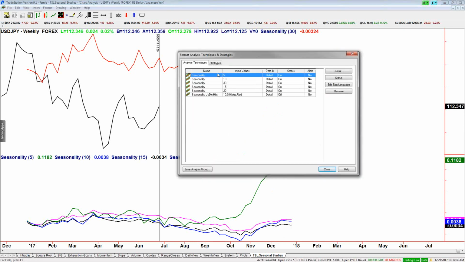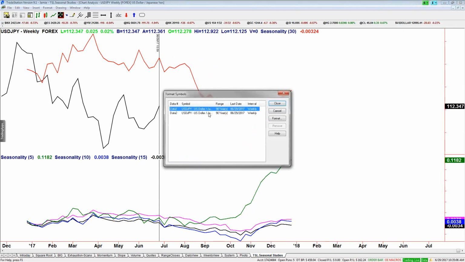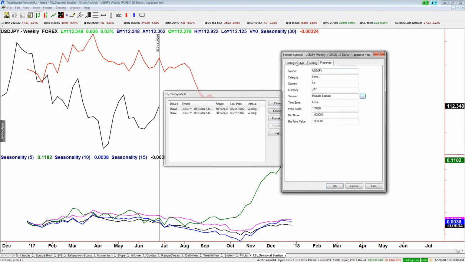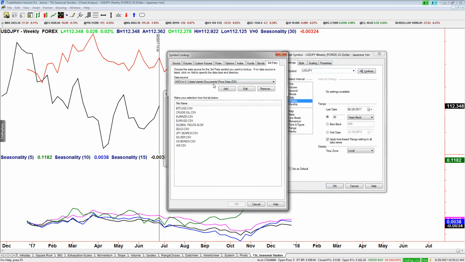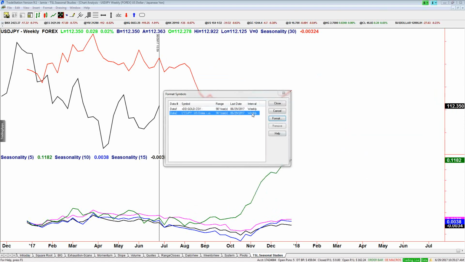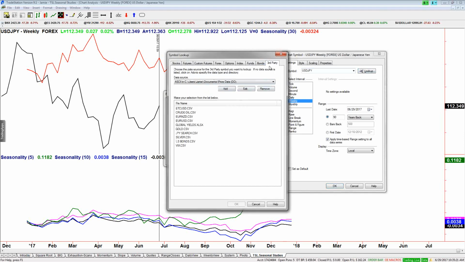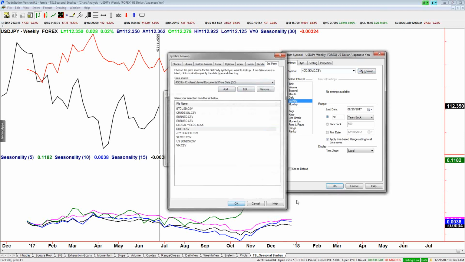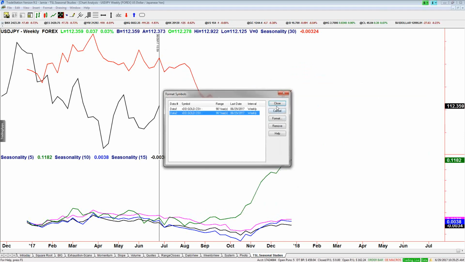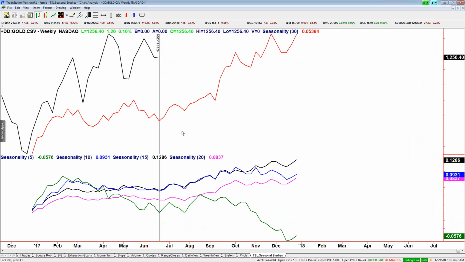Okay, so let me put that gold chart in here, and that would make sense given the seasonal thing with Japanese yen here. Okay, so you can see here we are, right?